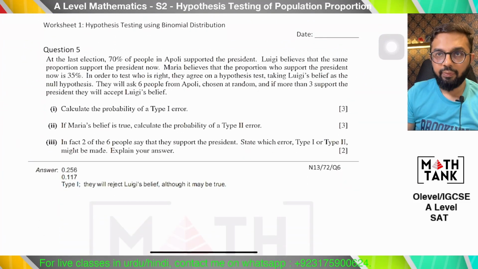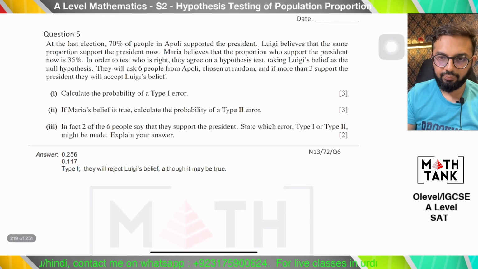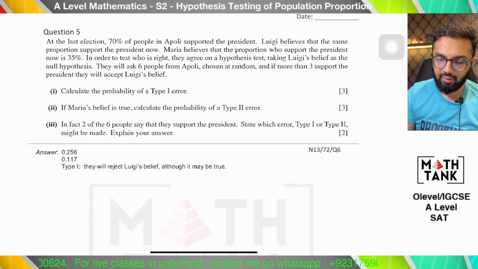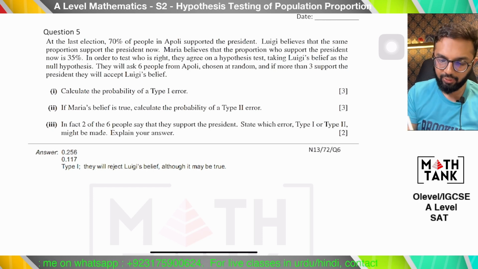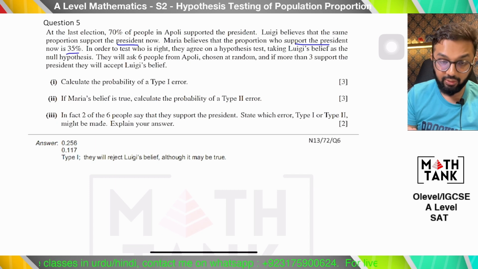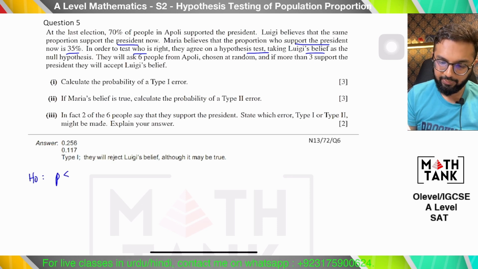Moving quickly on to question number 5. It says at the last election, 70% of people in Napoli supported the president. Luigi believes that the same proportion support the president now. Maria believes that the proportion supporting the president now is 35%. In order to test who is right, they agree on a hypothesis test, taking Luigi's belief as the null hypothesis.